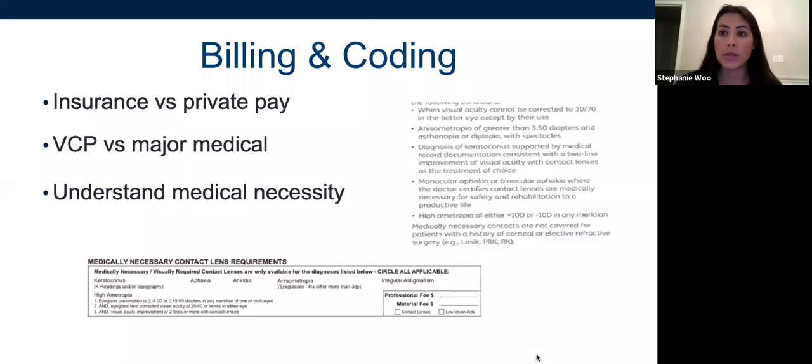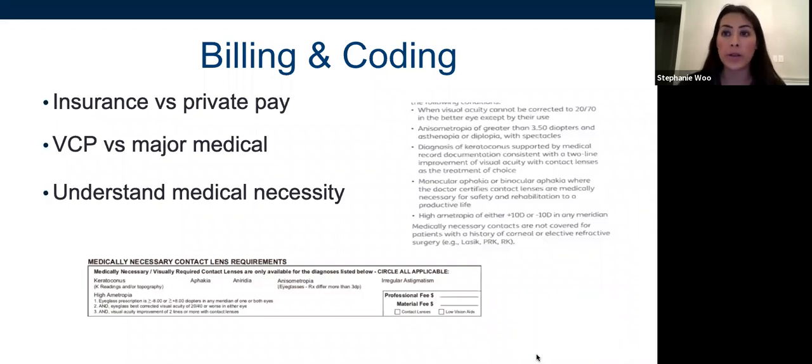But like Rob said, it's super important to understand what is considered medically necessary. And most vision insurances lay this out pretty easily. It's pretty easy to understand. It's in your online manual or your contract, and it actually has some of these pictures that Rob has shown, and it actually says what qualifies.